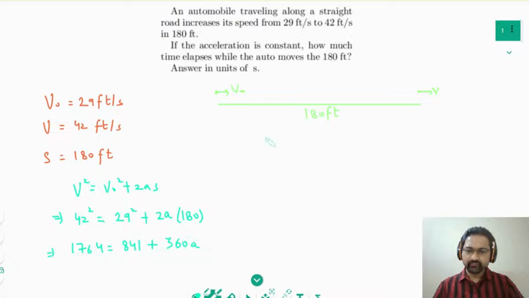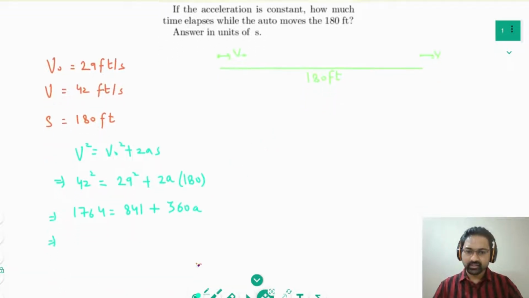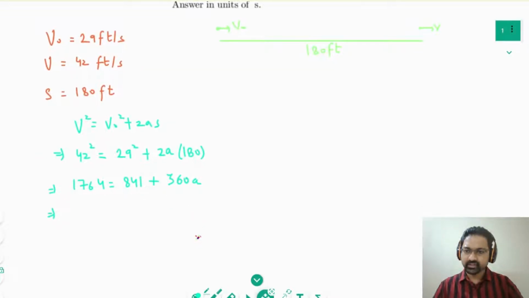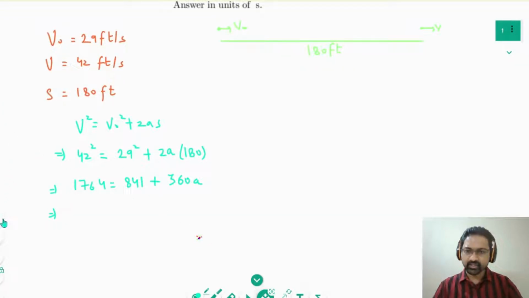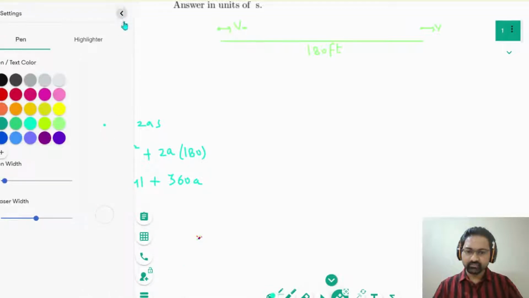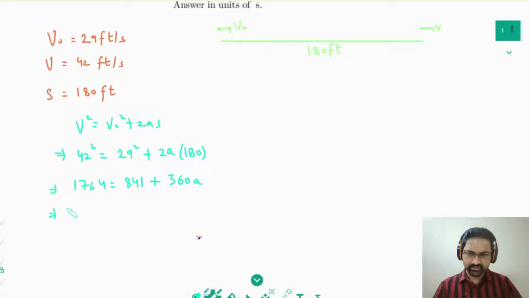All we have to do is a little bit of rearrangement of the equation. So here, let's subtract 841 from both sides.